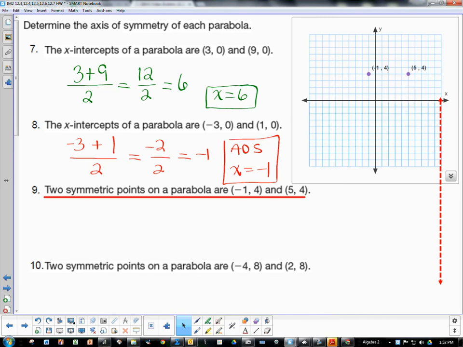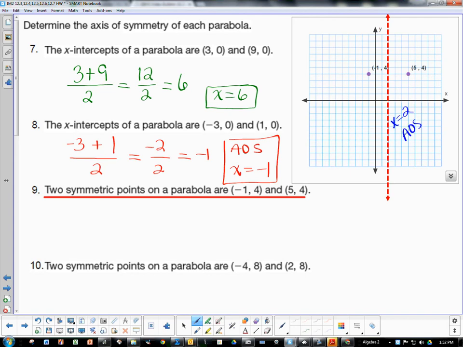There it is. If you can think about this axis of symmetry lying directly in between them, so it's probably about right here. And that happens to be, well, look at it, we have 1, 2. This is going to be x is equal to 2 is the axis of symmetry.